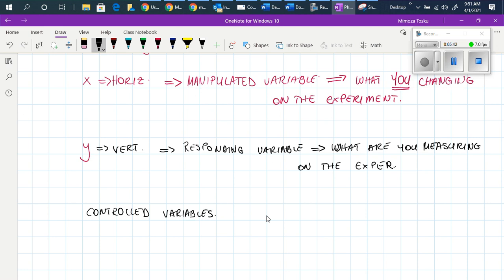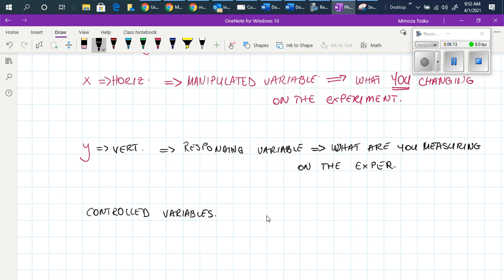So now, in this context, whatever is the manipulated variable, or some modified form of the manipulated variable, will be in the horizontal axis, and whatever is the responding variable, or some form of the responding variable, will be part of the vertical axis.